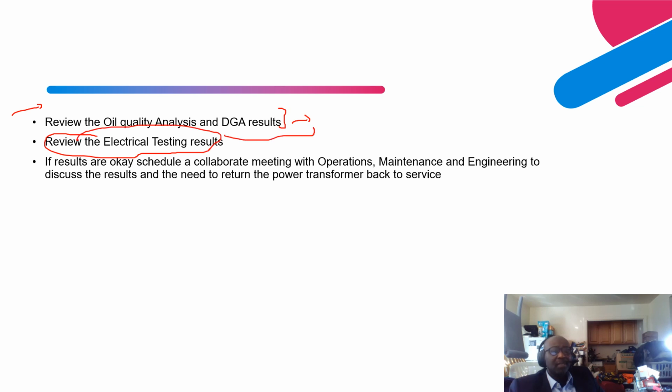All the testing that is done, and we'll go through typical testing that is done during SET. Then set up a meeting with all stakeholders and collaborators, operations, maintenance, and engineering to discuss the results. And if all the results meet the criteria, one thing is you also want to compare the electrical testing results with the maintenance history results, or the last time the transformer was tested, just to see if there's a significant change in the testing results.